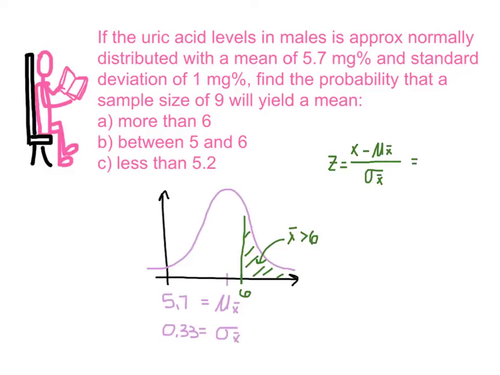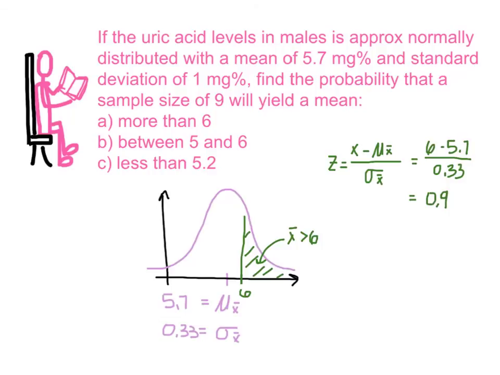So here the value we're looking for is 6 minus the mean, which is 5.7, and we're going to divide that by 0.33, and this equals 0.9. I mean, this really wasn't 0.33, it was 1/3, and if you do the math, you get 0.9. So now this just becomes a simple z-score problem again.